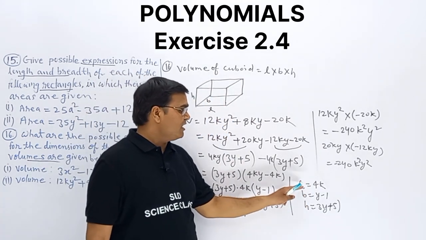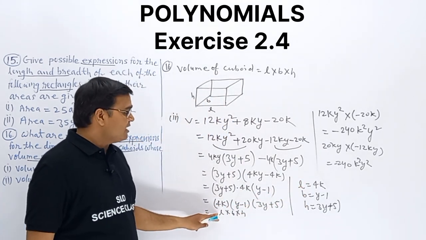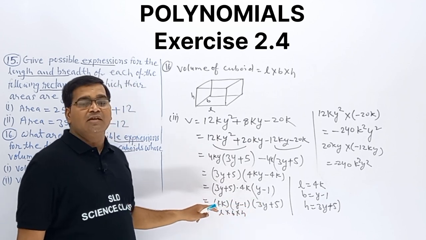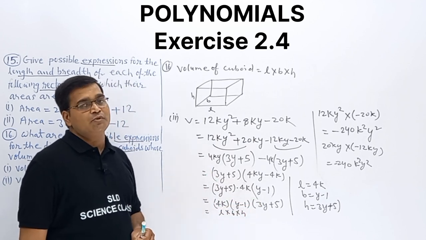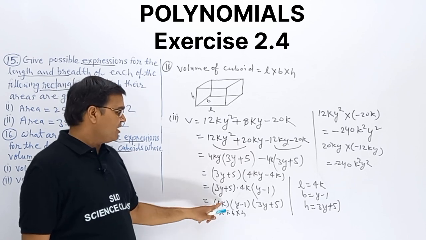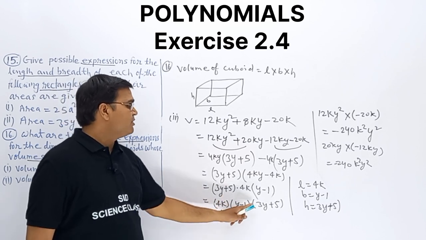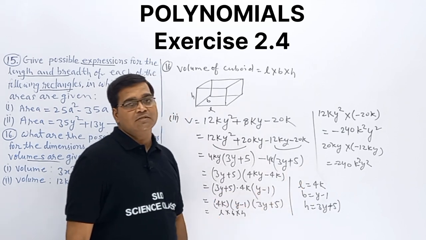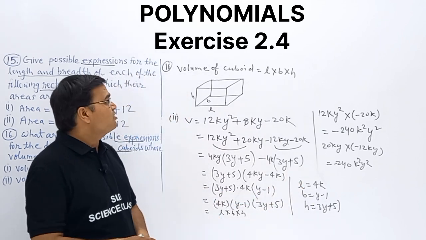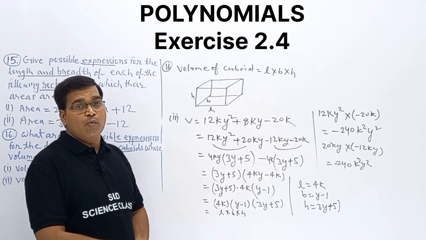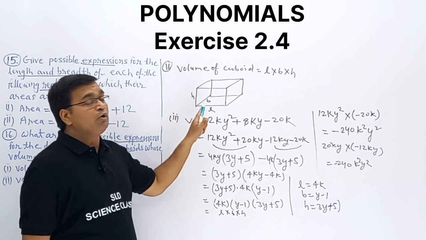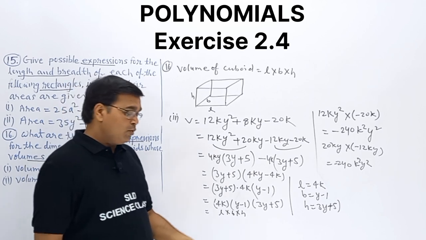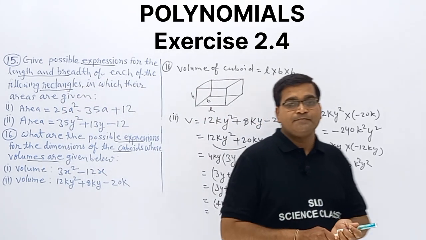It is not necessary that length should always be this one. It depends from person to person. I am taking this as length, this as breadth, and this as height. Clear? So these three dimensions we get for the cuboid once we have the volume in the form of an algebraic expression. Clear? So both questions are so simple.